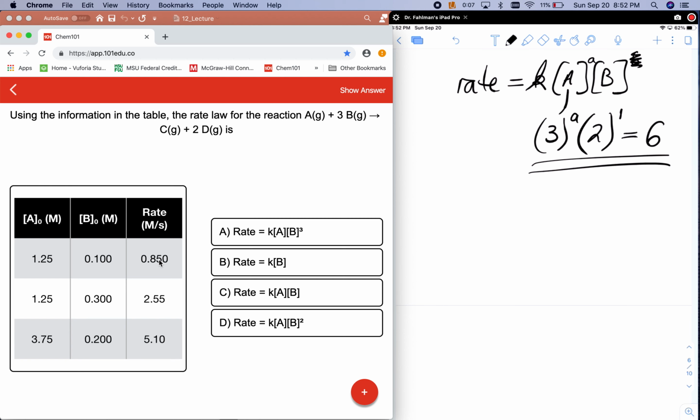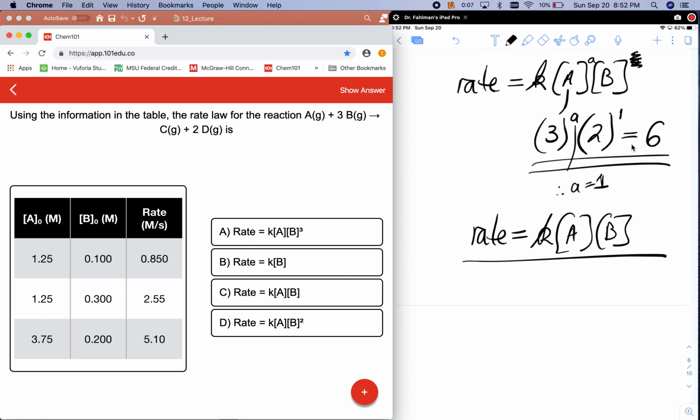So it becomes a simple math problem. What does A have to be if the rate is going up by 6? It has to be 1, so 3 to the first power times 2 to the first power is equal to 6. The rate law then is k times A times B, first order with respect to both of those. So that would be this one.